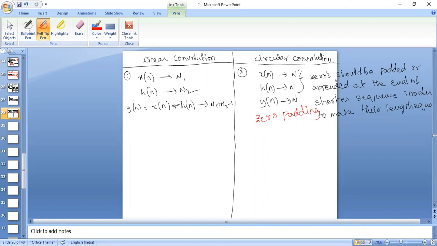Okay. Coming to the second difference, here input sequences need not be periodic. Here, at least one of the input sequences should be periodic.